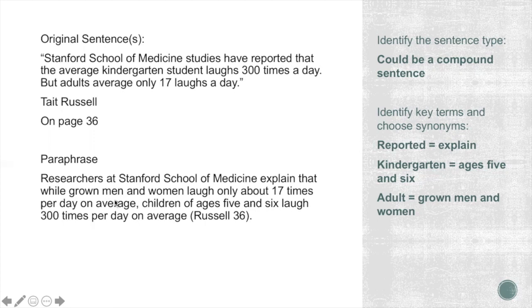I'm starting with that, and then I'm leading into what children do. And so it can also be helpful to take the last idea you see and try to start your paraphrase with that, and then add in the middle idea, the first idea.